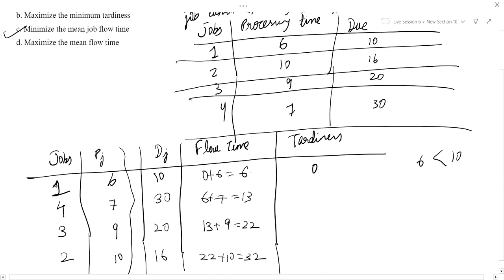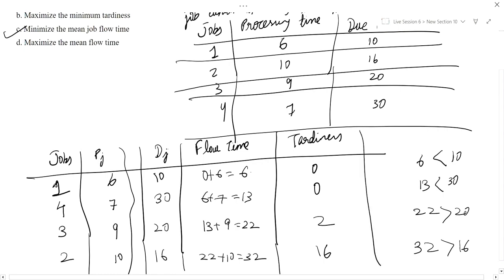Next is the flow time 13, due date time is 30. So again it is ahead, the tardiness is 0. Next is flow time 22, due date time is 20. So flow time greater than due date time, so tardiness is 2. Next is 32 flow time and due date is 16, so tardiness is 16.